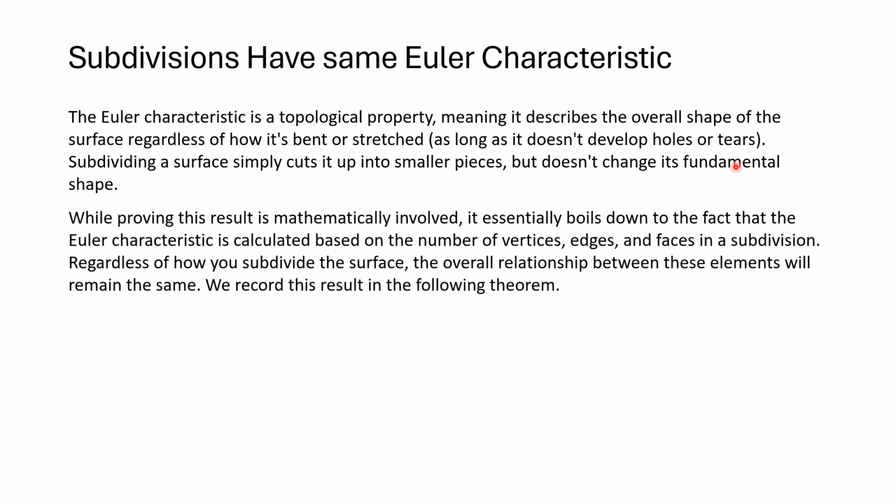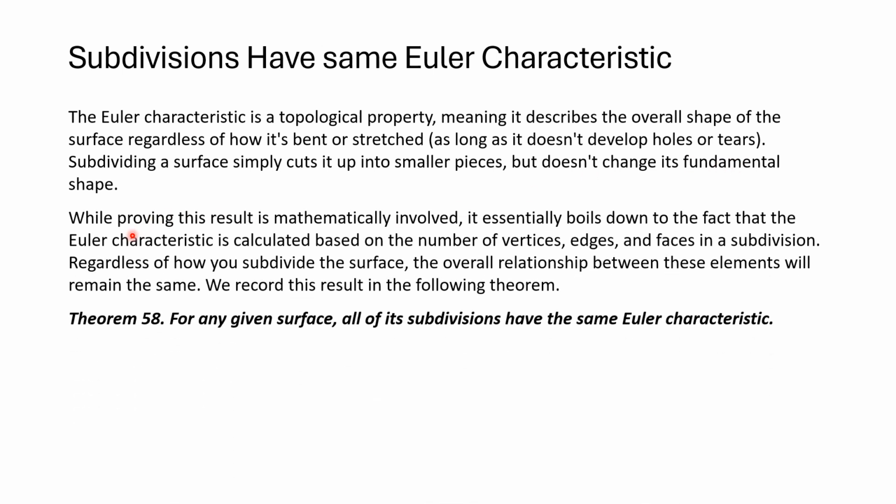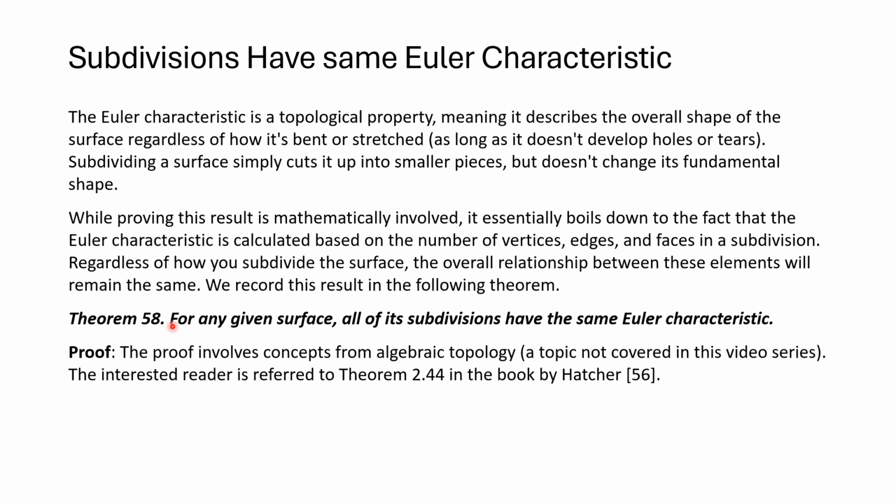We saw the counterexample of that a few slides ago. We have this theorem, which is almost a tautology, because it says that for a given surface, all of its subdivisions have the same Euler characteristic, but the subdivisions have to be defined in such a way as to give you the same Euler characteristic. We saw an example of one that didn't.